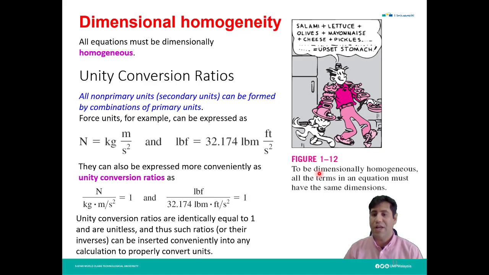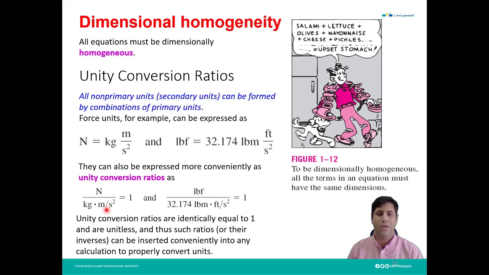So dimensional homogeneity is very important to solve the equation and problem. Unity conversion ratios are identical, equal to 1, and are unitless. This is unitless because the amount of this is equal to this one.